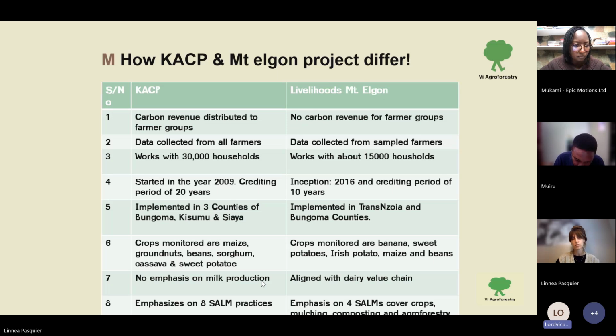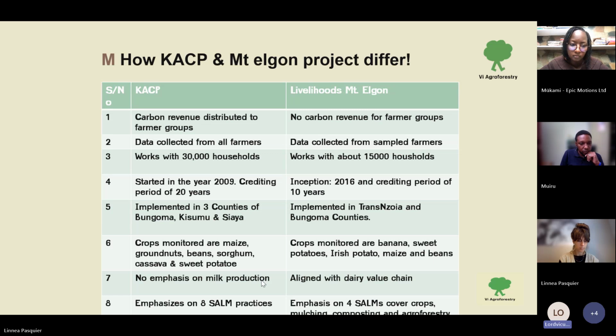Then we also have a difference in the crops we monitor under these two projects. We normally collect data on yields to find out how these SALM practices have improved the yield of the farms. That is reflected by how the SALM practices have improved the fertility of the soil.